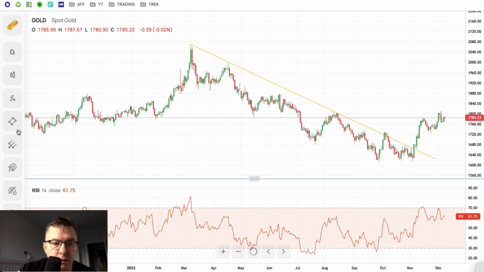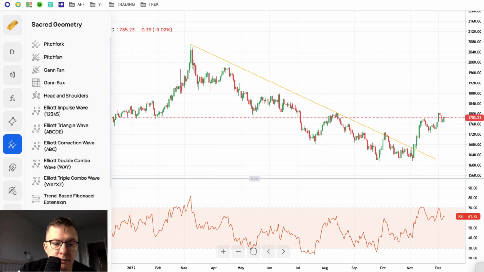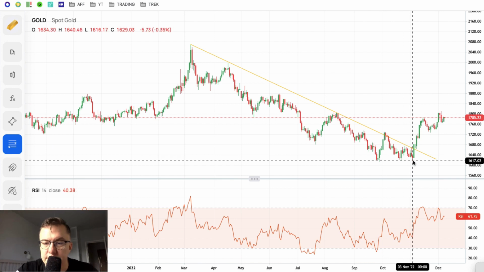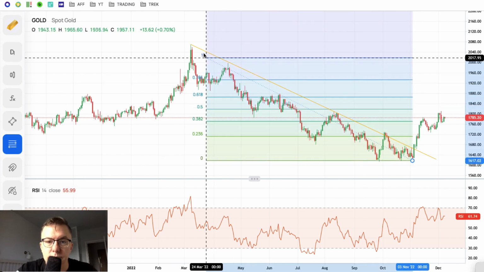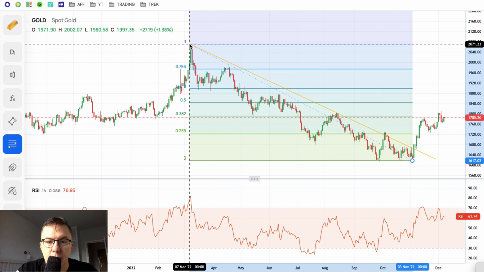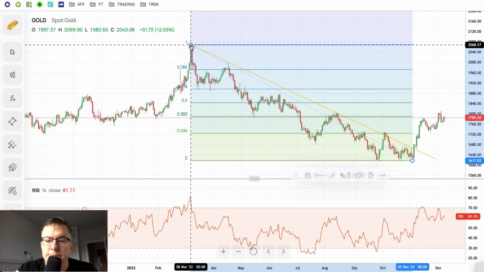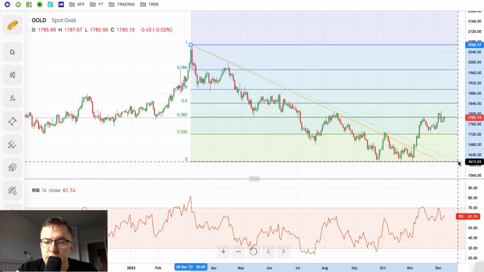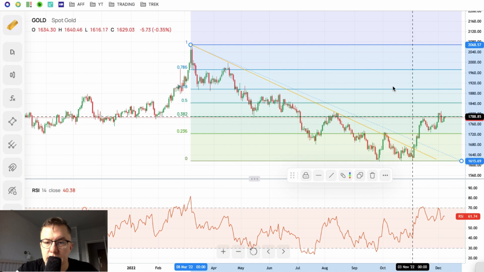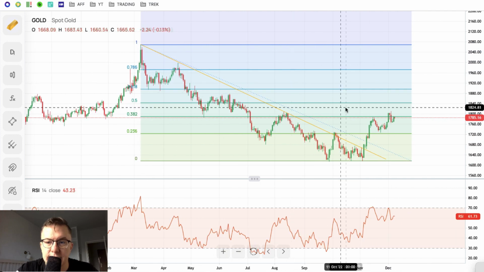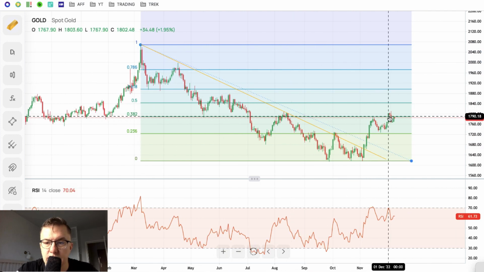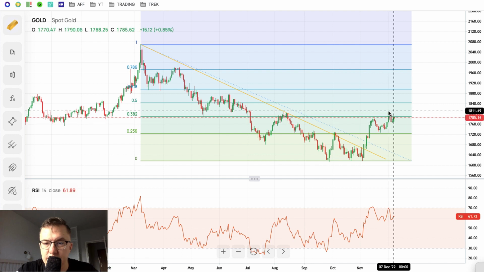So the breakout went up towards the Fibonacci retracement, right, and we managed to retrace around 38%. So as you can see, let me just move it here a little bit, so you can see it, 38%, 1790 retraced.